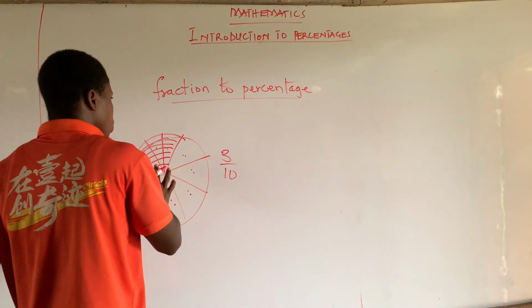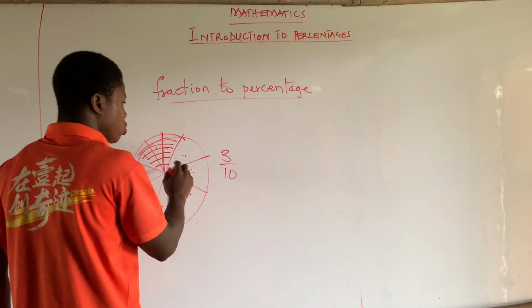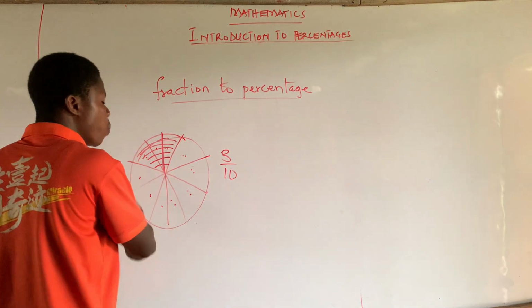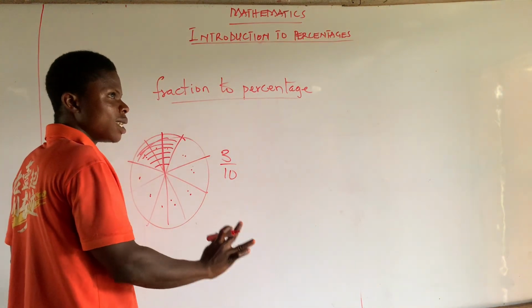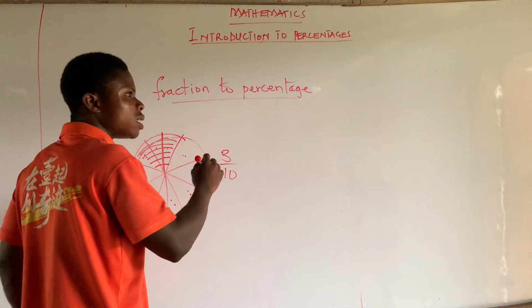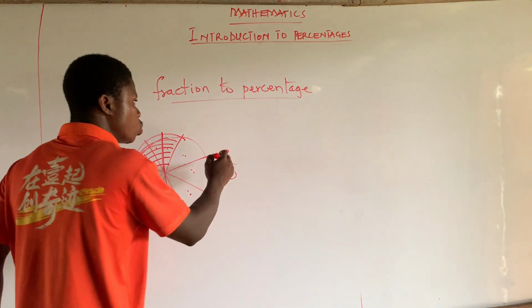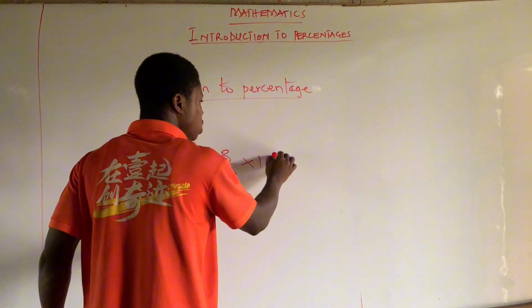You get it? So 1, 2, 3 out of the 10 divided cakes. This is a whole cake and it has been divided into 10 equal parts. 3 have been taken. So we want the percentage of the cake that has been taken: 3 out of 10 in percentage.